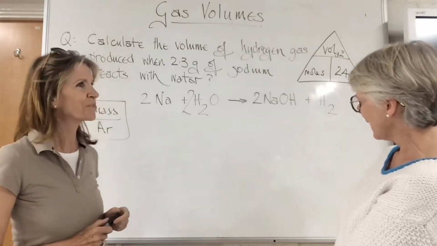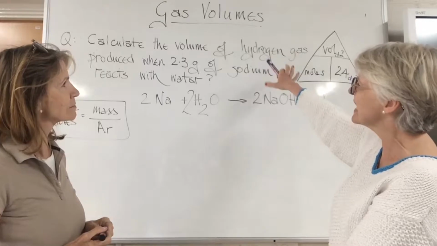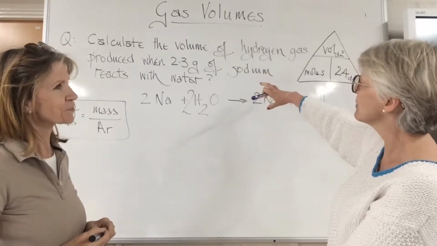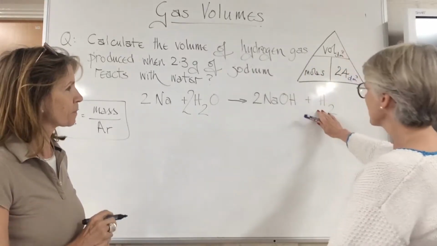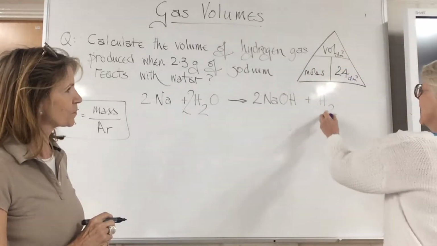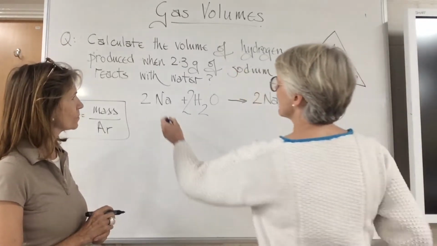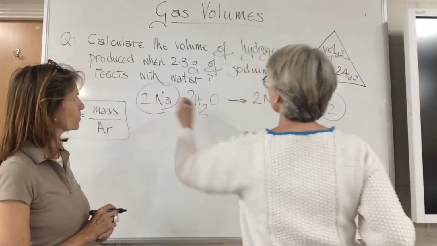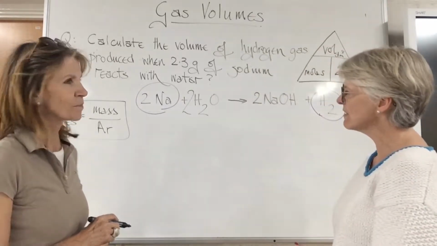Well, if we look at the balanced equation and we look at the question, we can see which bits of the equation are going to be important. Calculate the volume of hydrogen gas produced. So that's one of the products, and it's the hydrogen gas when 2.3 grams of sodium reacts with water. So it's the sodium and the hydrogen gas we're interested in.